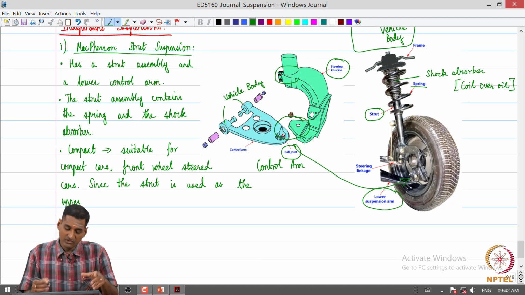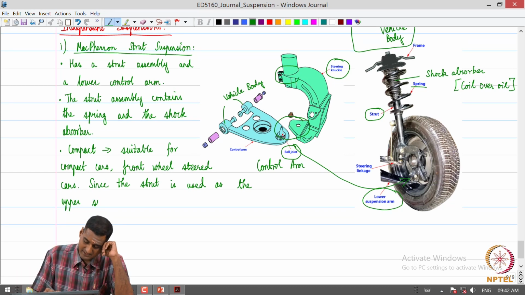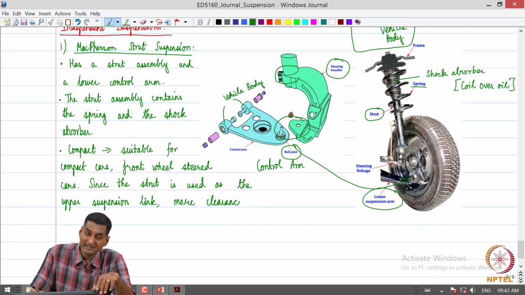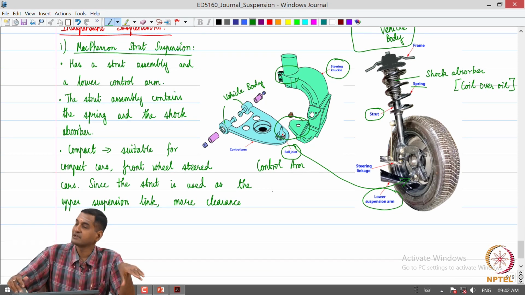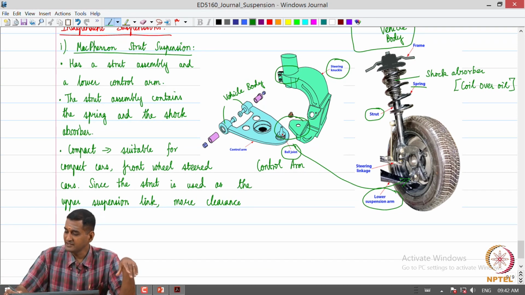So, since the strut is used as the upper suspension link, we have more clearance for the drive shafts, because if you want to drive the wheels, I need to put in a drive shaft, isn't it.